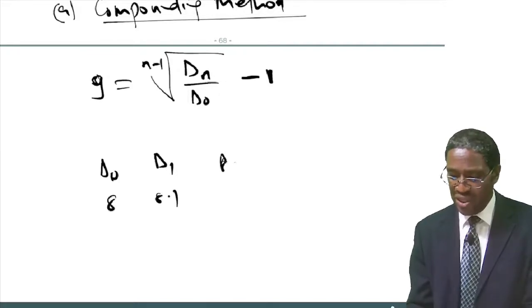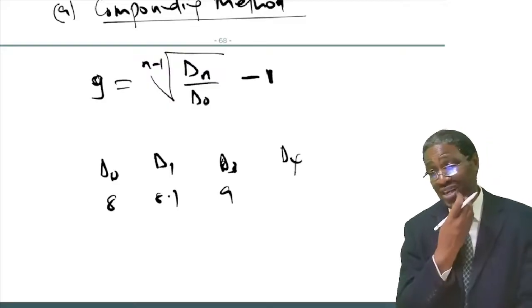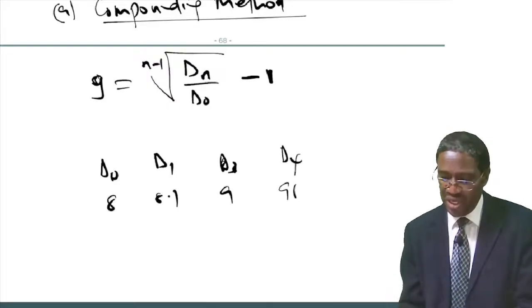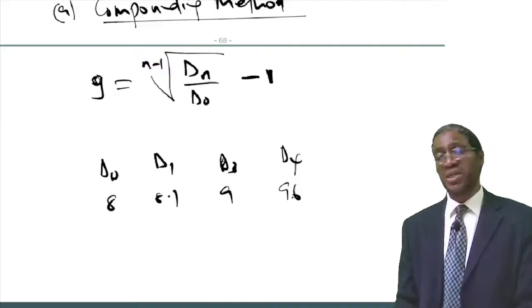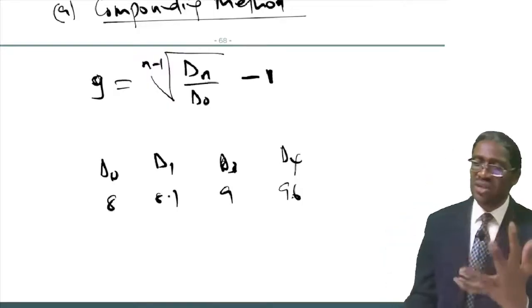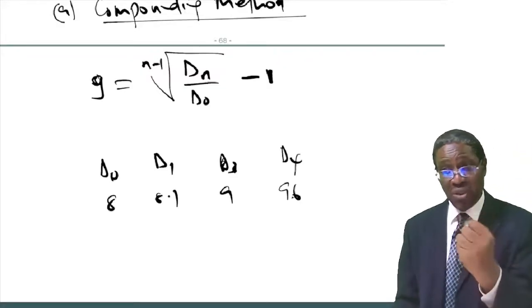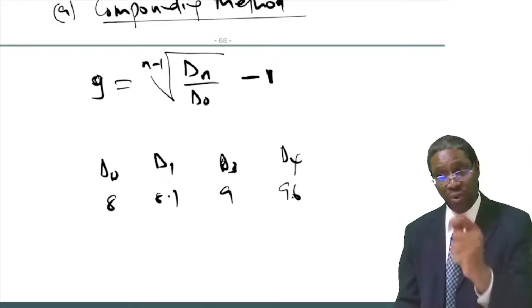At D3, they paid a dividend of maybe 9. And D4, which is the latest, let us assume they paid a dividend of 9.6. So these are 4 years of dividend records. So the N is 4, and we are looking for the growth rate.